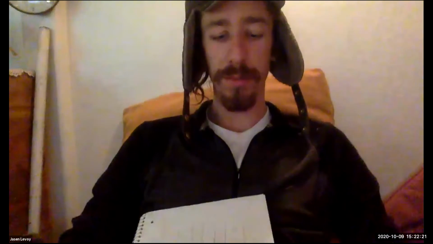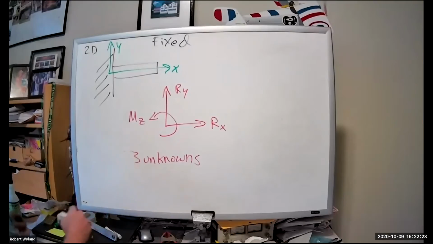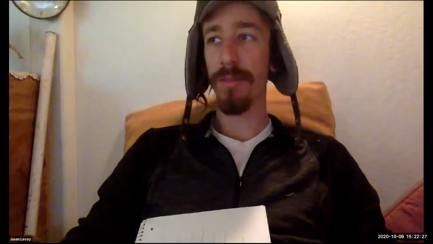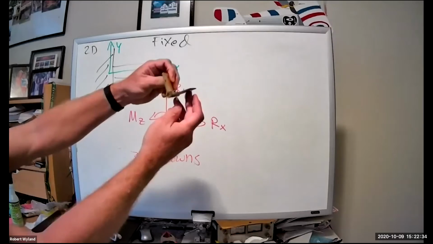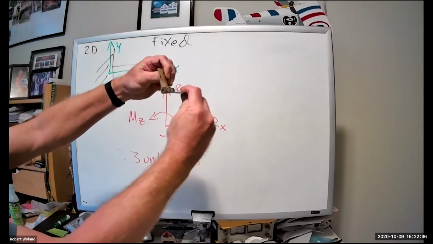Rob, I have a question about the hinge. When we say Fx, that's applying a force in the X direction to the vertical plate in your left hand, and you're fixing your right hand.